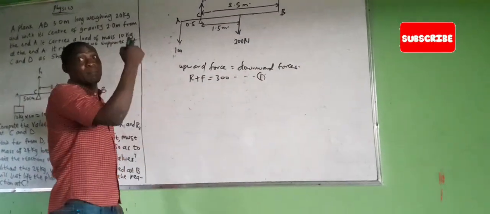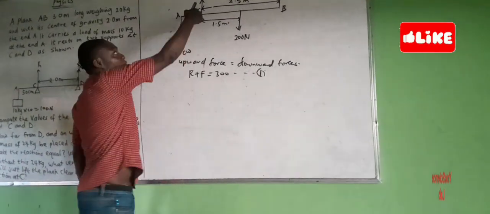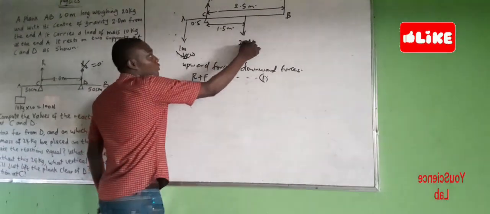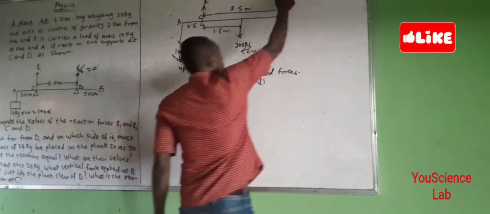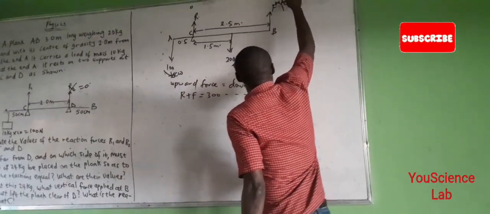Now let's take moments about C. So let's determine our clockwise and anti-clockwise. This one will be clockwise. So I take moments about C. This is anti-clockwise. And this one is clockwise. This one is anti-clockwise.